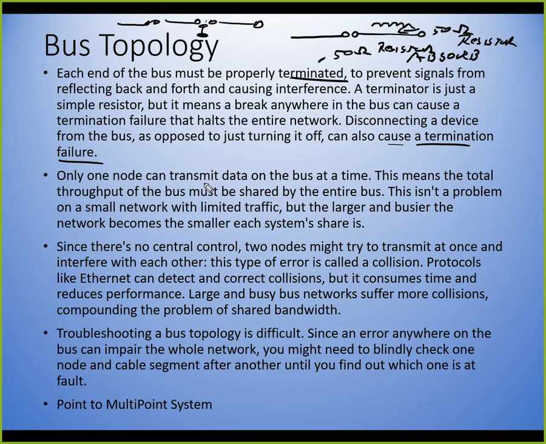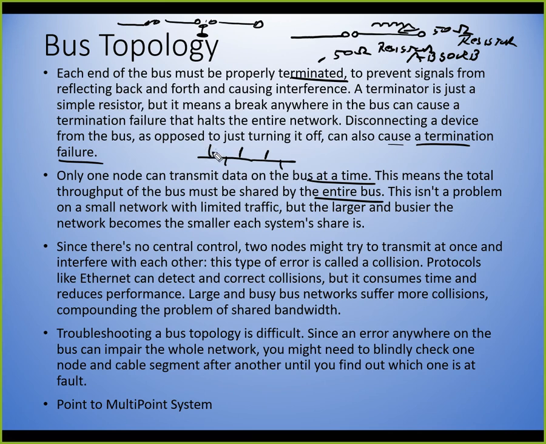Only one node can transmit data on the bus at a time. The total throughput must be shared by the entire bus. And that kind of makes sense, I hope. When we have all these things connected to it, all of these people trying to get on this one-way street, once I'm on it, you can't get on it because I'm going to take the whole thing.